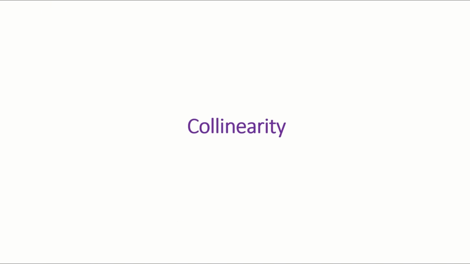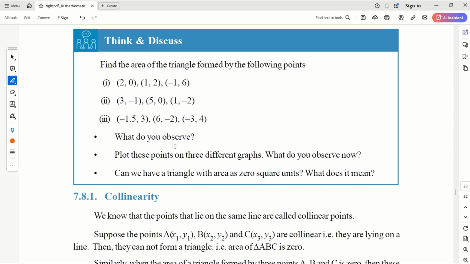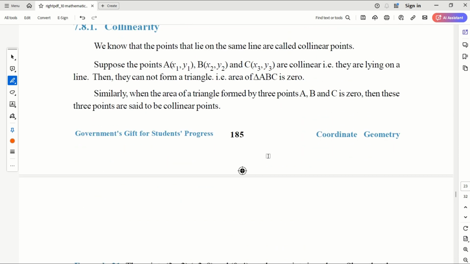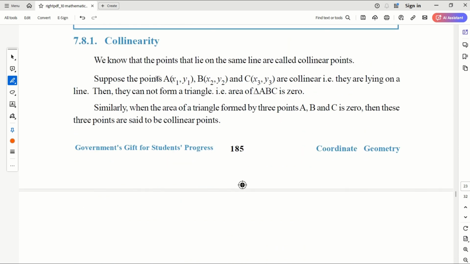Now let's learn collinearity. We learned collinearity before using the distances. If the points lie on the same line, they are called collinear points.